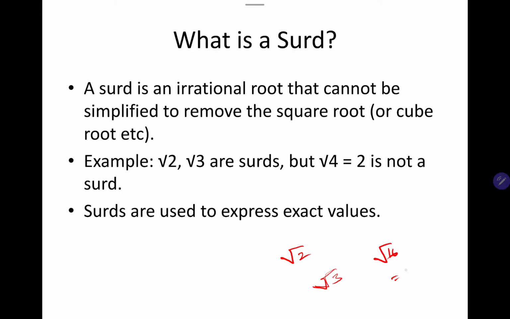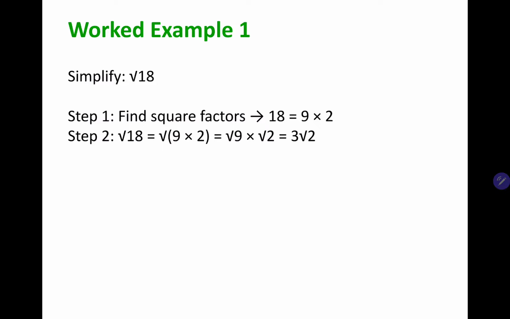The square root of 16 is 4. Root 4 is not a sword, because the square root of 4 is equal to 2. So it's a rational number, it's not a sword. Once it can be simplified into a rational number, you cannot call it a sword. Swords are used to express exact values. We move on. We'll look at an example.